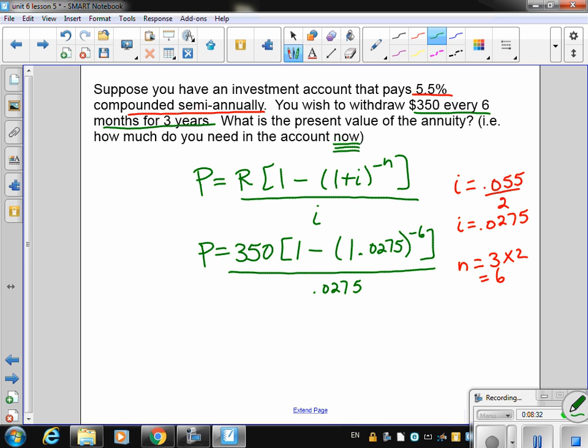Please take a moment and work on this with your calculator. There's an awful lot of brackets, and that negative exponent can be a little bit tricky. We don't want to write down an awful lot, or we'll make a lot of rounding errors, and I would be glad to help you with your calculator. Your present value, when all the smoke clears, should be $1,911.83.